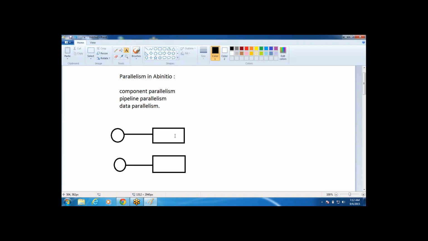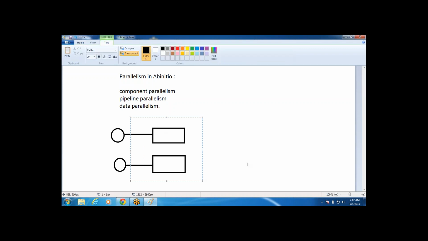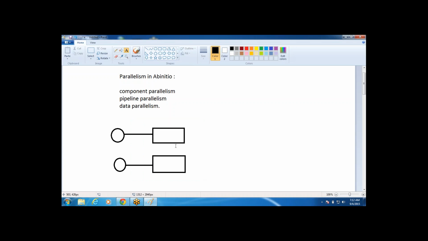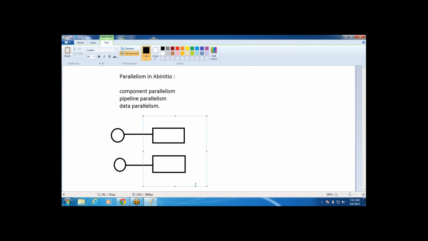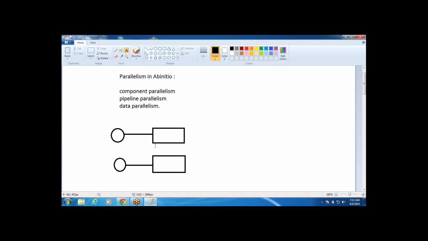There is no dependency between one component and the other. Whenever you run the graph, and these two are in the 0th phase, then these two components will run simultaneously on different branches of the graph. Program components running on different branches of the graph is called component parallelism.